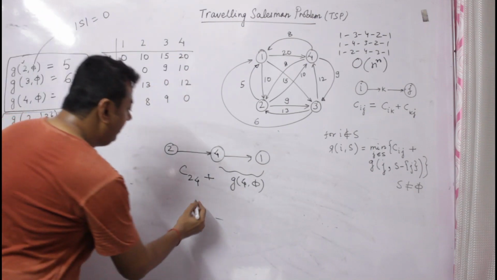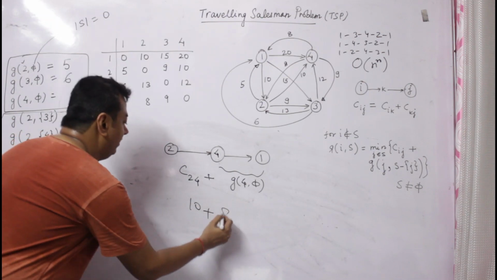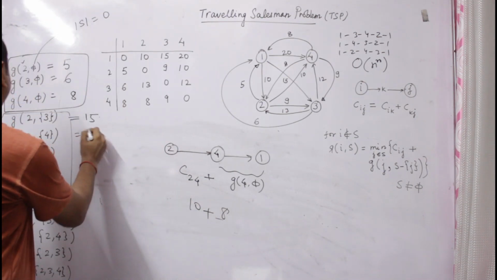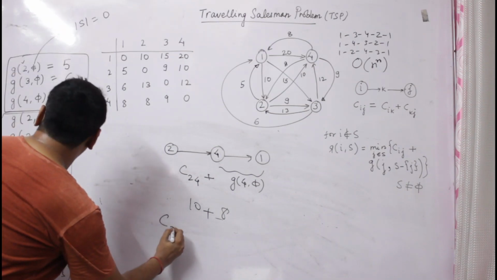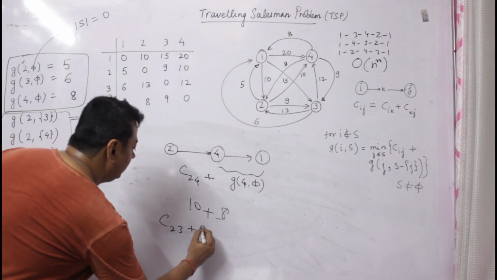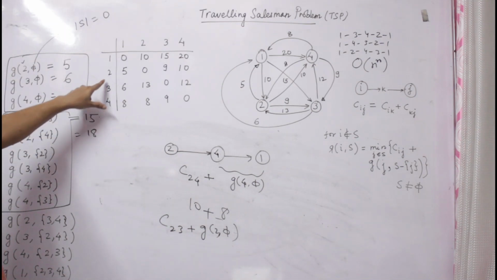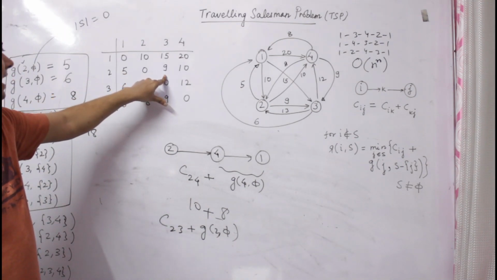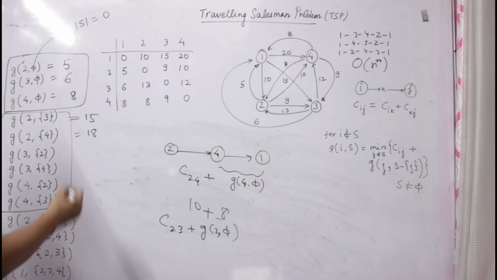C24 is 10 plus G(4, {5}), which is 8, giving 18. Now G(3, {2}): this is C32 plus G of (2, {5}). C32 is 9 and G(2, {5}) is 5. 9 plus 5 is 14.